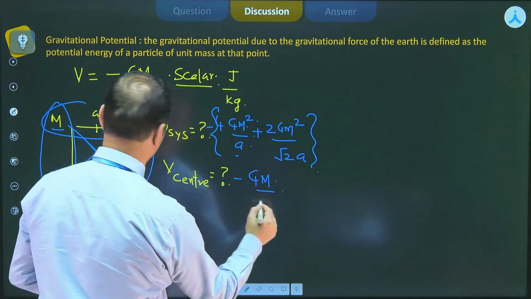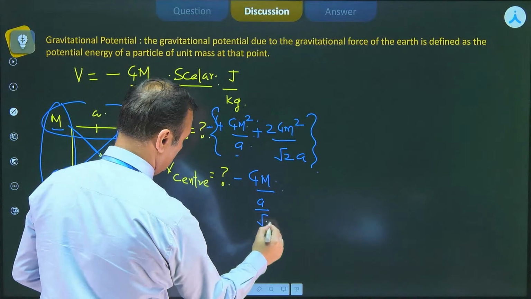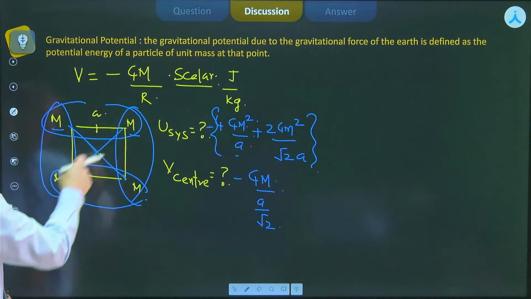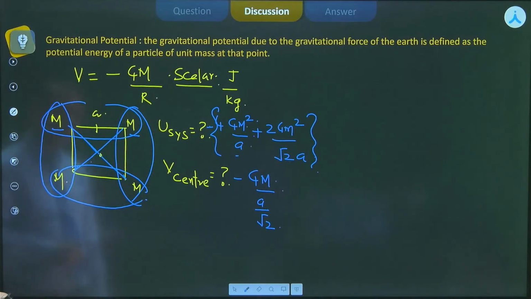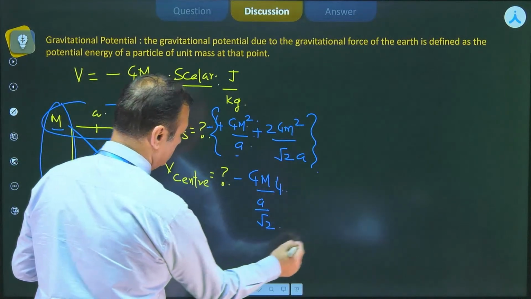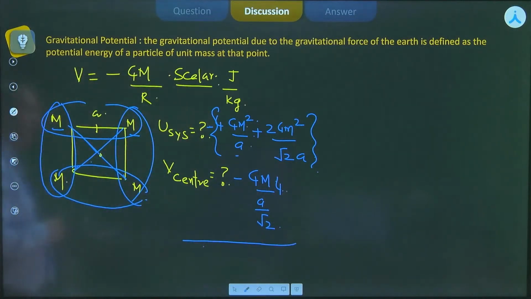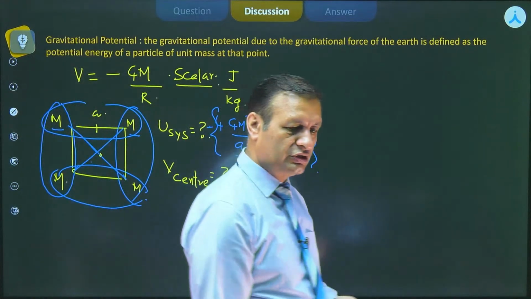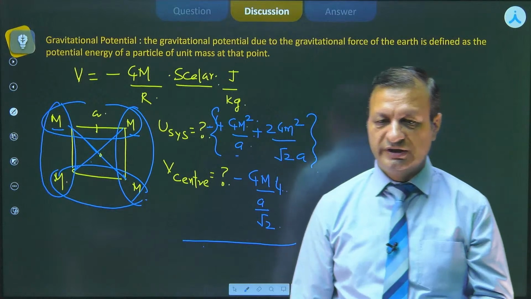This would be A by root 2, half of the diagonal. When the diagonal is root 2 a, root 2 a by 2 is a by root 2, and then we have 4 masses. So this is the gravitational potential at the center. So these are the questions from this particular section. Any doubt?